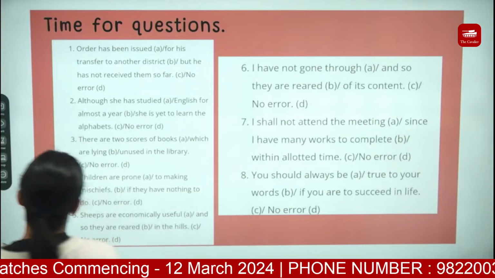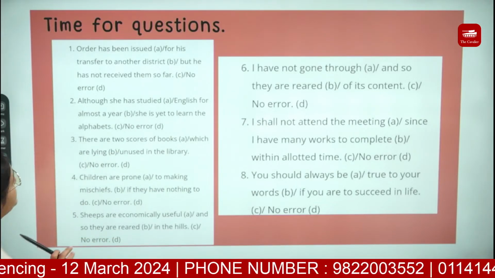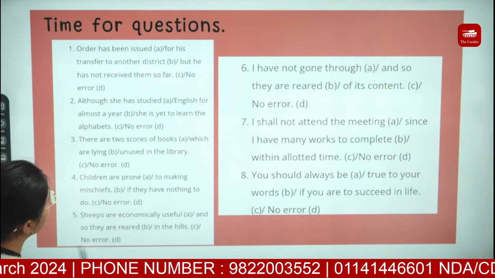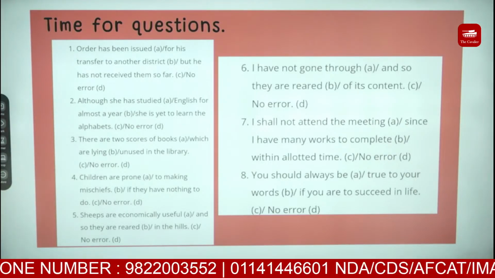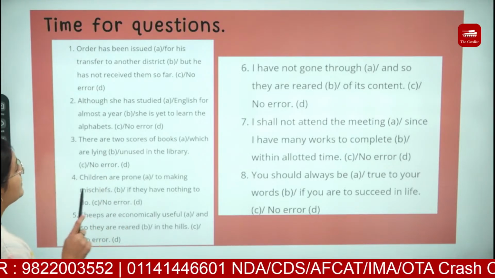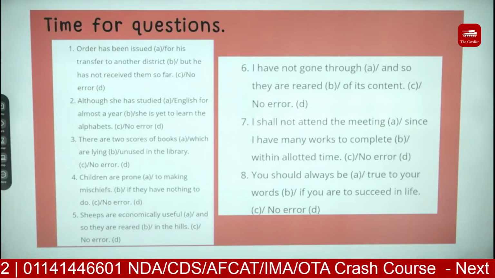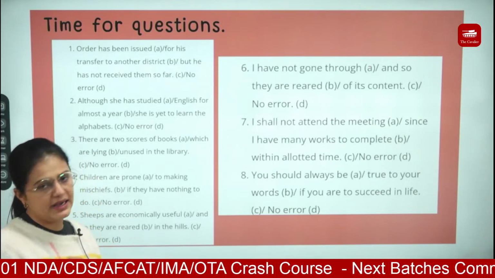Okay. The first question is, orders has been issued for his transfer to another district, but he has not received them so far. In this, there are going to be 4 options. You have to tell कि error कहाँ है. Okay. And let's see not just the error, but let's correct it also.